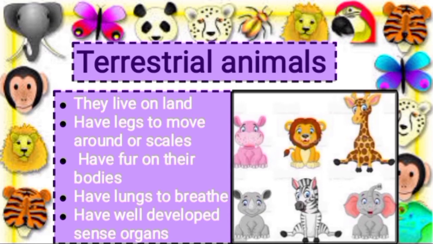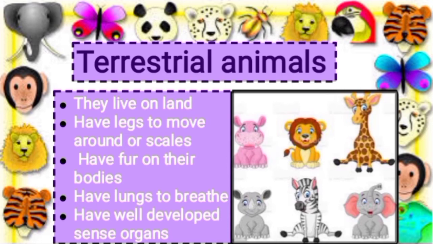Animals that live on land are called terrestrial animals. These animals have features suitable for life on land, and they have legs which help them to walk on land, and most of them have lungs as their breathing organ.